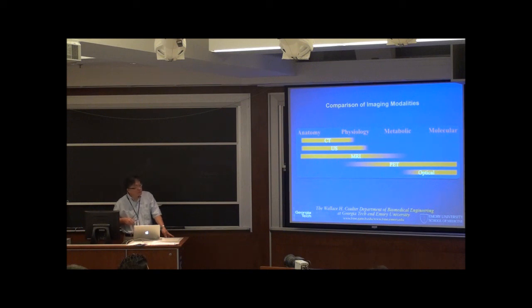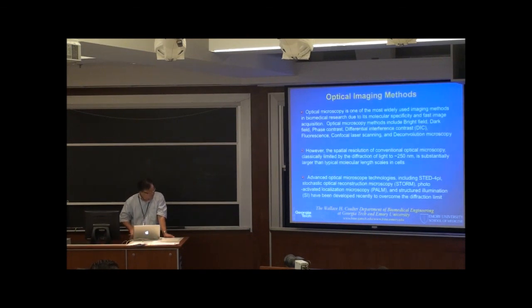Since PET uses a radiotracer, which could be a reflection of local molecular events, in a sense you can also use PET to get some molecular information. So that's really in terms of the applications. Today I will mostly focus on optical imaging methods.